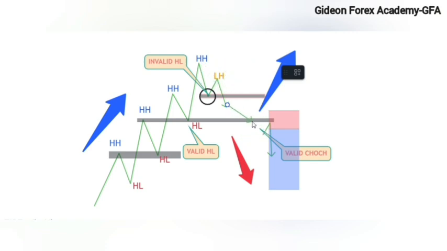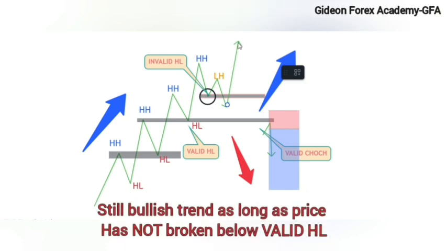You wait for a change of character before you sell, because a change of character will mean that you have better chances of continuing the trend downwards, because a valid change of character has happened. But if the price is still up here and you are selling, the price could return to form higher highs, because it's still a bullish market.